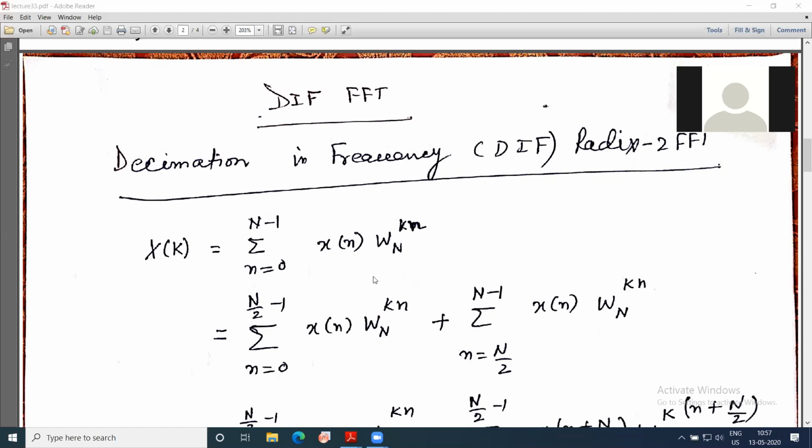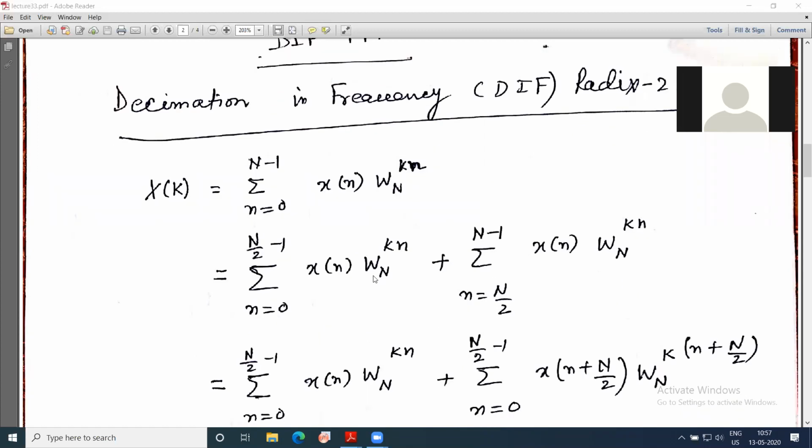Yes, sir. Very good. Now let us do that. How do I do decomposition in frequency domain? So I am writing X of k. Try to understand this step very carefully because there are certain difficulties in this.